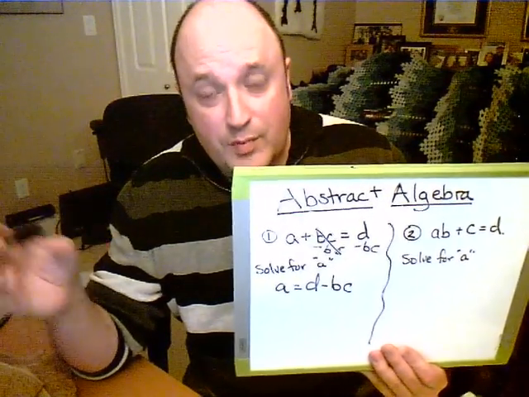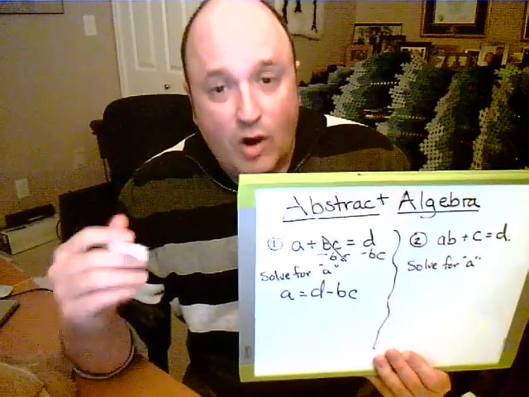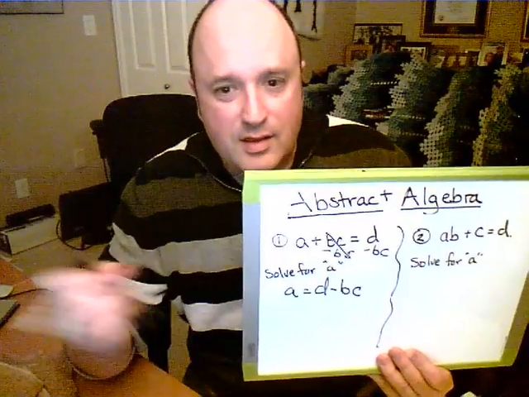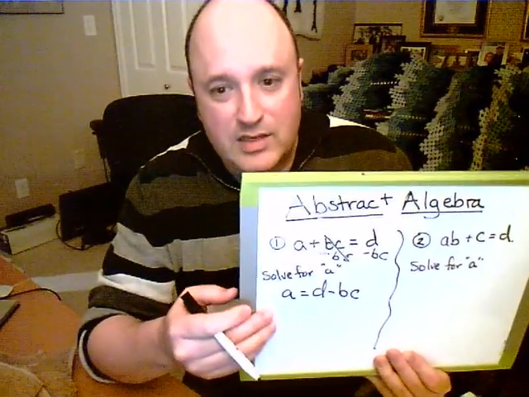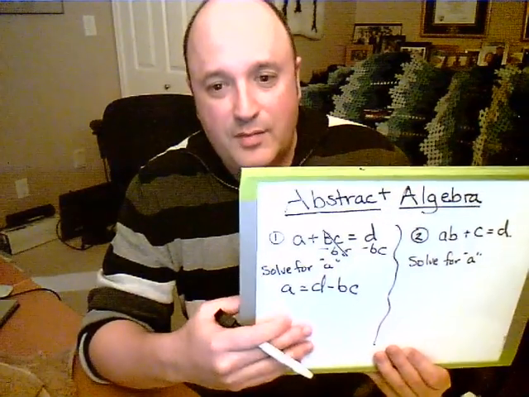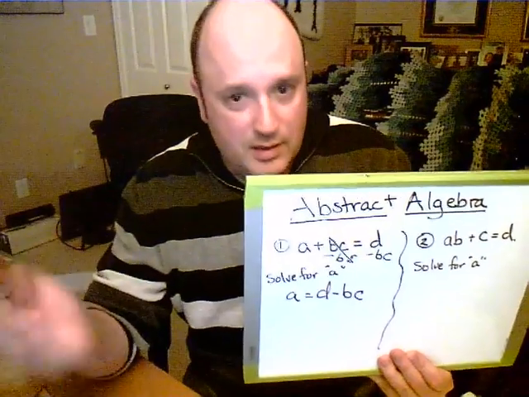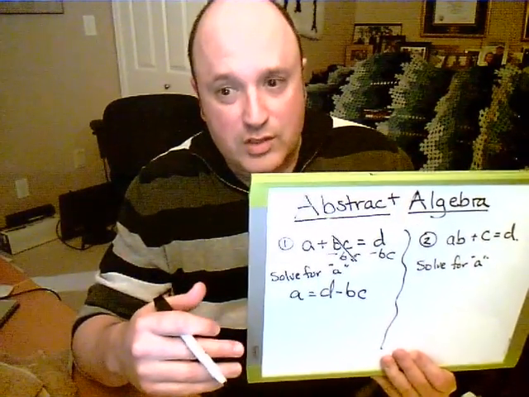Very straightforward, but it requires abstract work or non-concrete work, so with letters instead of numbers, and you just plug in your numbers afterwards. So you might have a long list of D's, B's, and C's that you collected data from, and then you plug them in to the formula. Boom, boom, boom, boom, boom. You get your answer for each of them, and that helps you speed up and make your life more efficient.